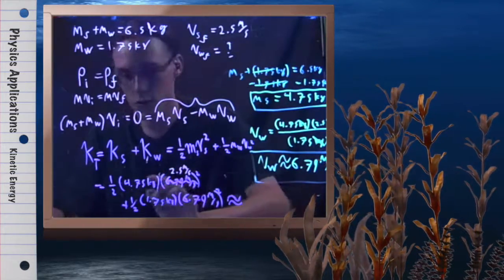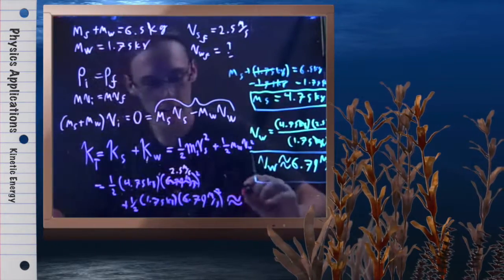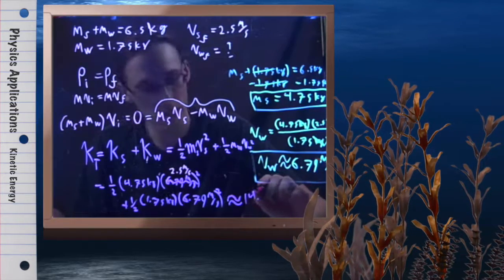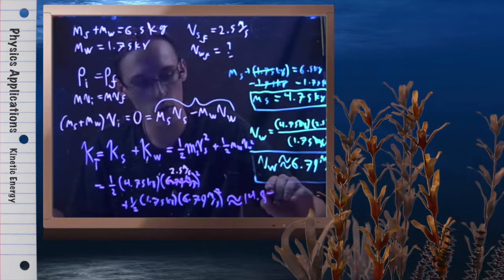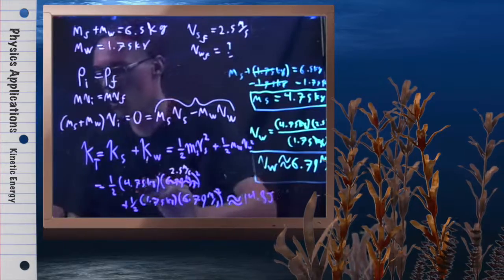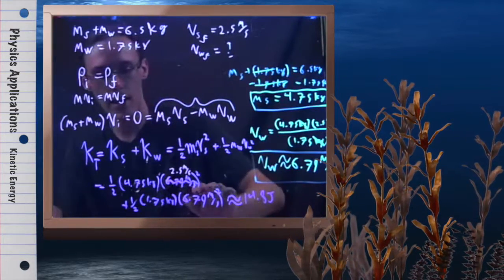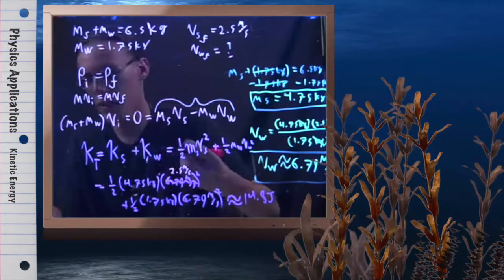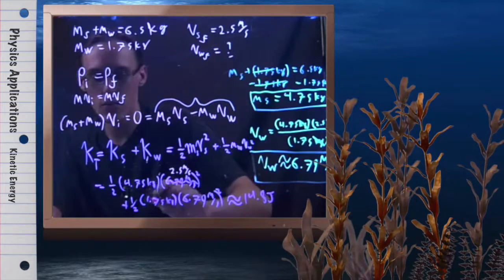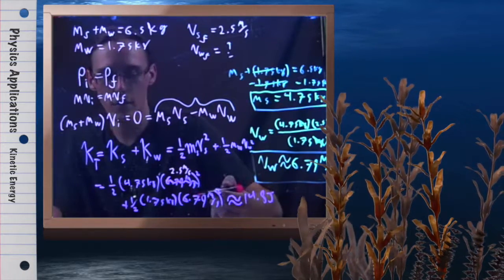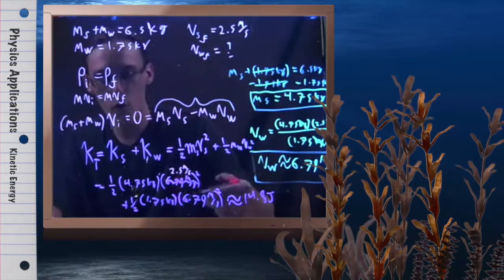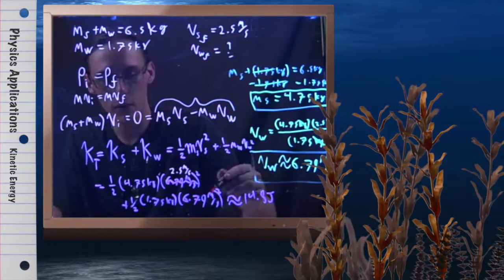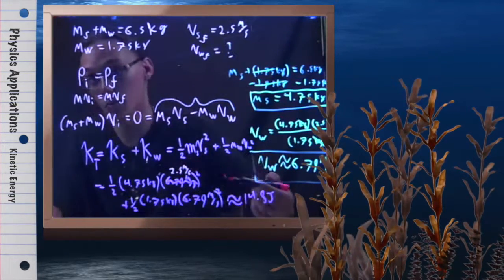If we do this first one right here, the squid's kinetic energy is going to be 14.8 joules, and the water's velocity, notice it has a greater velocity, and when we're squaring stuff, sure, the water has less mass, but because we're squaring something that's 4 meters per second larger than this, that's going to be a much bigger difference.